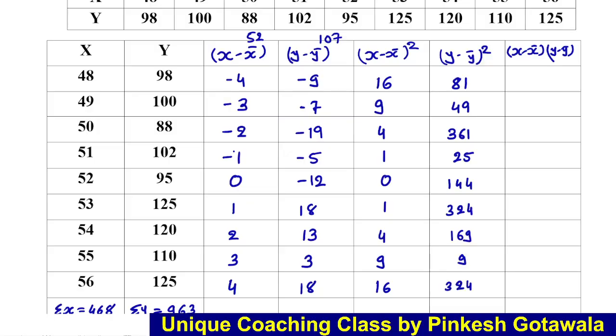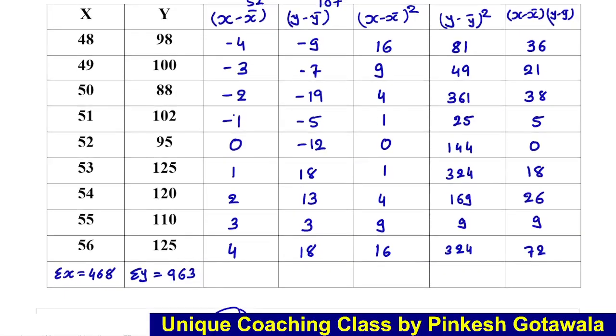Now the next column, the multiplication: 4 into 9, minus minus plus, 36, here 21, 38, 5, 0, 18, 26, 9, and 4 into 18, 72.